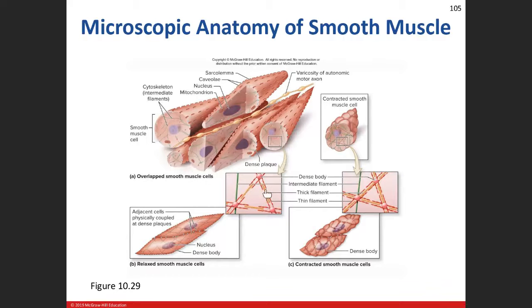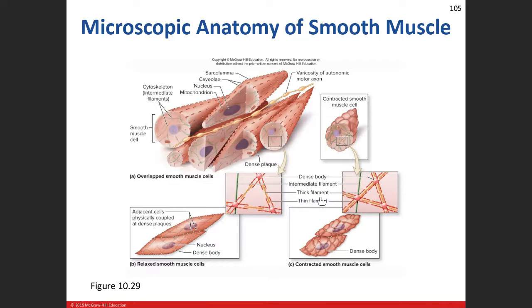So you can see here, in a relaxed smooth muscle cell, there's going to be some overlap going on. At the end of each actin filament, you'll have what's called a dense body. Think of the dense body as like an anchoring point there. So that's what these actin filaments can attach onto.